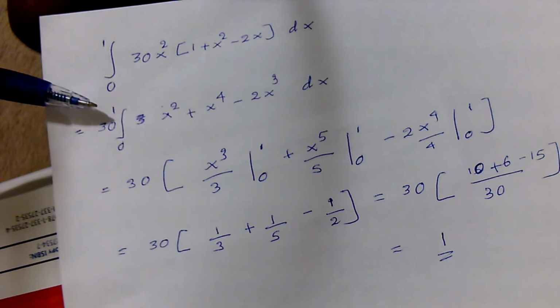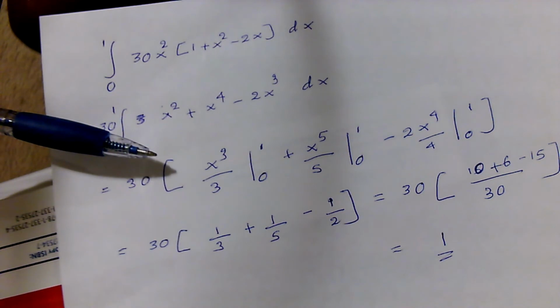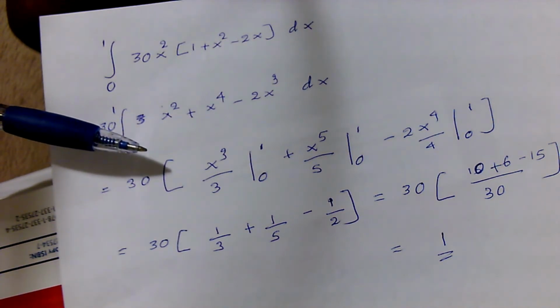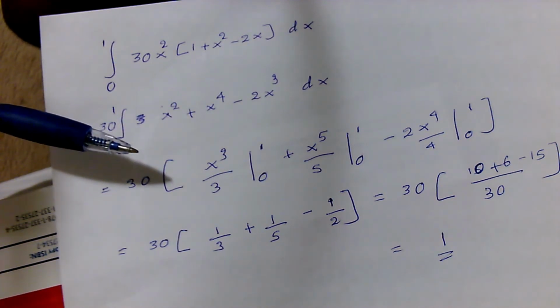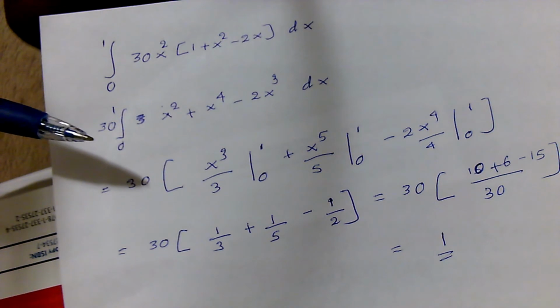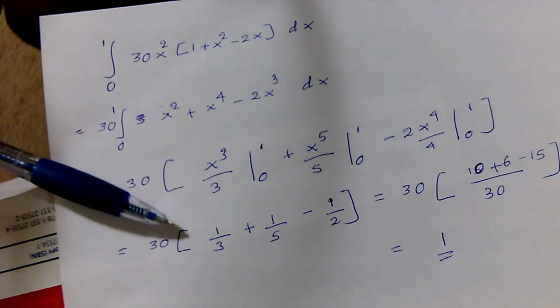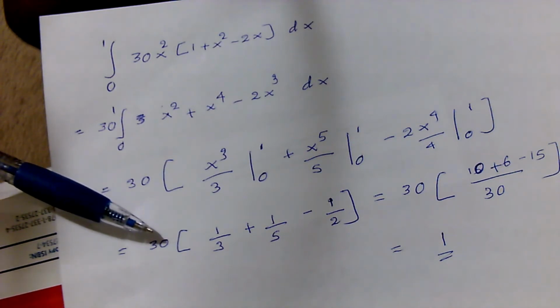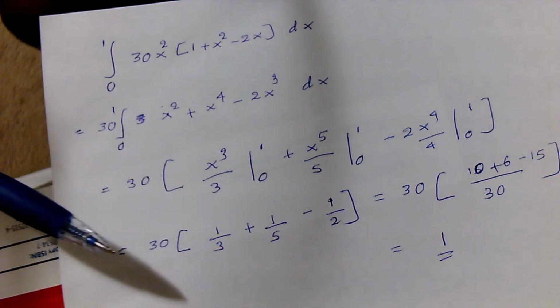Now all the terms are with respect to x, so you can take the integral. When you take the integral, you will get x to the power 3 divided by 3, plus x to the power 5 divided by 5, and 2 times x to the power 4 divided by 4. If you substitute the limits and simplify, you will see that the answer equals 1.